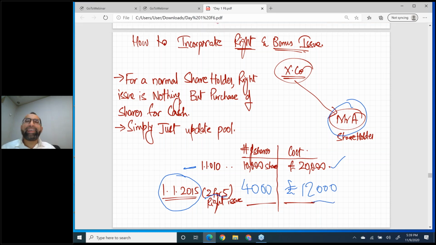So don't forget, a rights issue is an issue with money, you have to buy it. In case of a rights issue, you have to update both columns, the number of shares column plus the cost column.